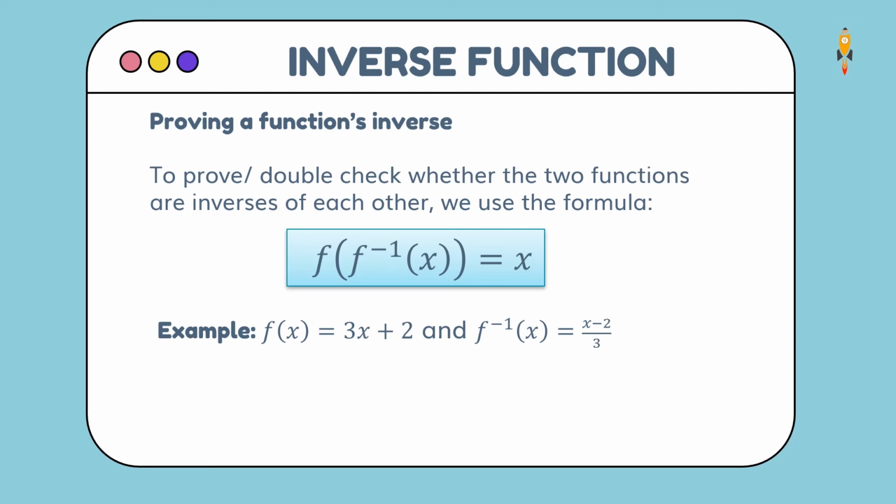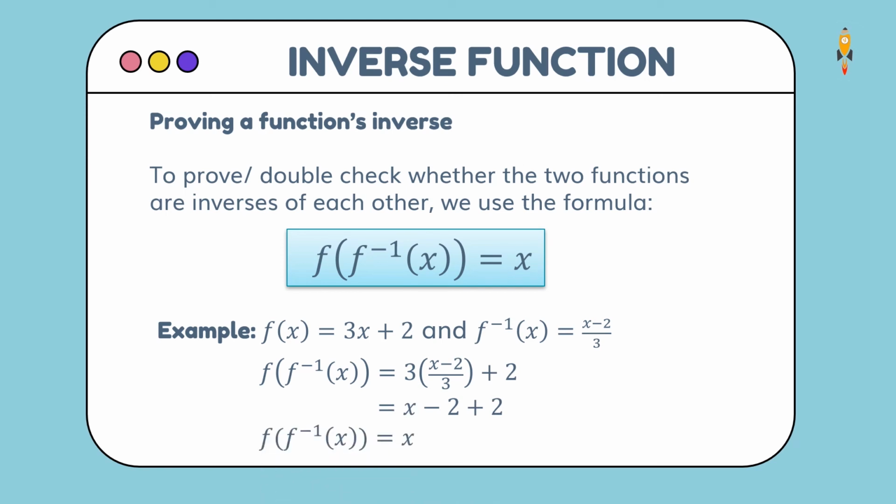Example, f of x is equal to 3x plus 2, and f inverse of x is equal to x minus 2 divided by 3. f of f inverse of x is equal to 3 times x minus 2 divided by 3, plus 2. f of f inverse of x is equal to x minus 2 plus 2. f of f inverse of x is equal to x.